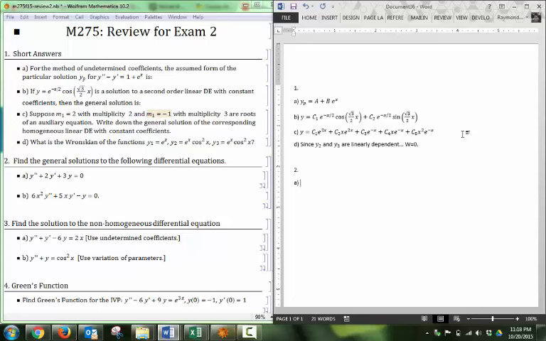Here we're actually solving for the differential equations, and we'll start off with the homogeneous differential equations. And here is our first function, our first DE. We have y double prime plus 2y prime plus 3y is equal to 0.